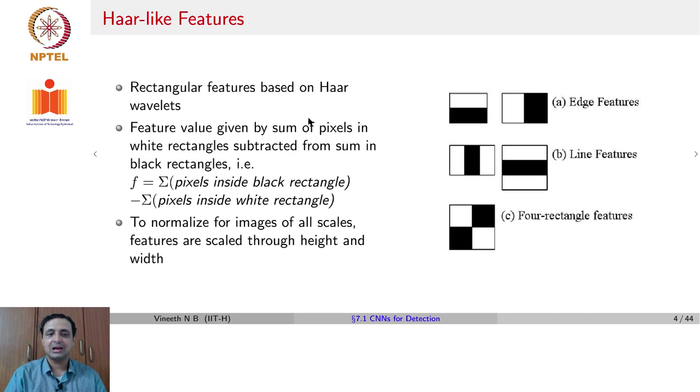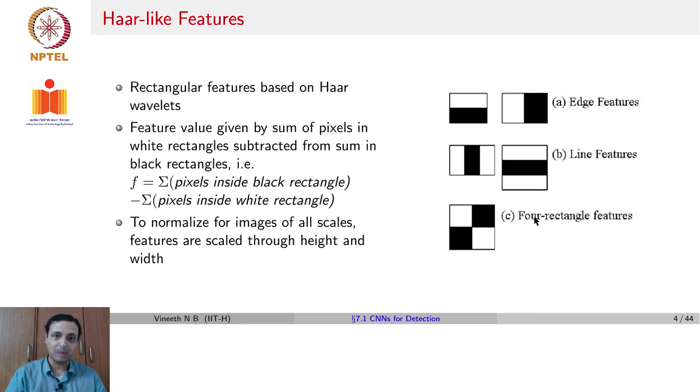Haar features are rectangular features based on Haar wavelets. This is how the Haar features look. You can see here that there is generally a region of black and a region of white, but there could be different combinations of those. You could have just two regions, white and black, horizontally aligned or vertically arranged, or you could have a black region sandwiched between white, vertically or horizontally, or you could have checkerboard patterns, and you can keep going forward.